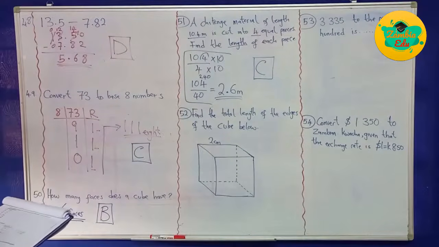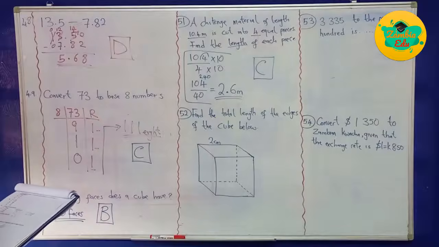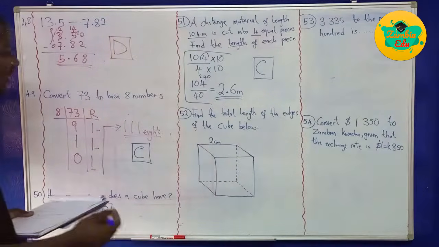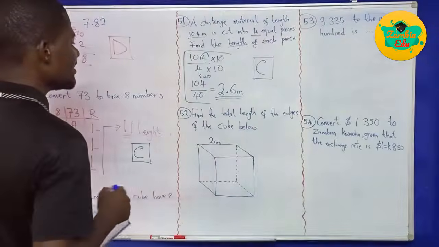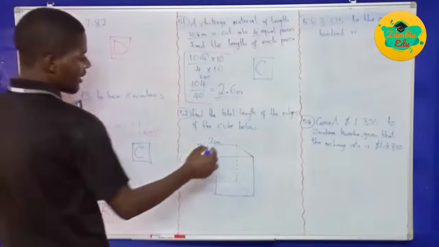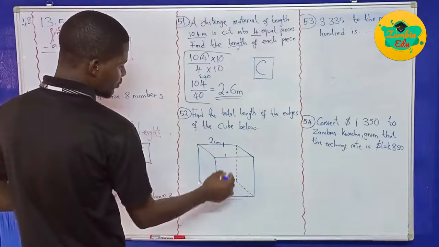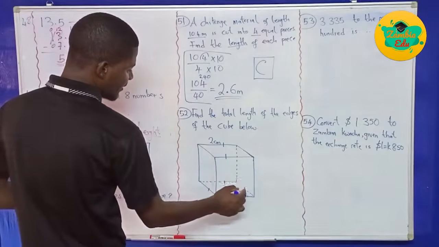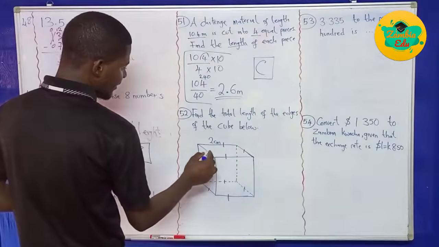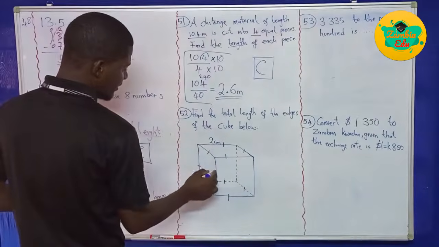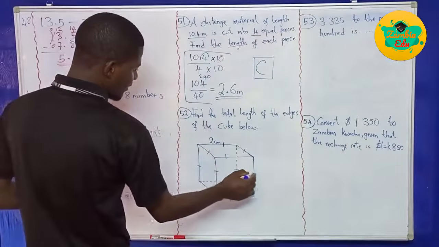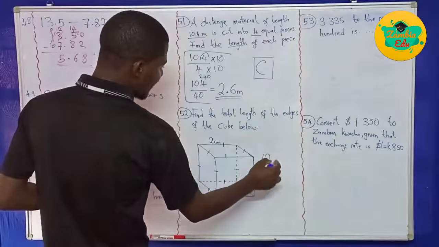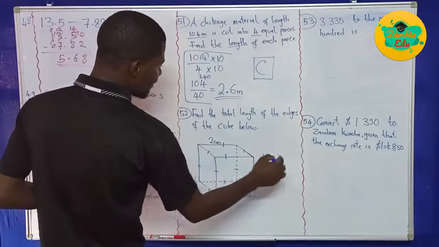Question 52 says, find the total length of the edges of a cube. Now you need to know how many edges a cube has. You have 1, 2, 3, 4, 5, 6, 7, 8, 9, 10, 11, 12, and then we are given 2 there. So we're looking at 12 edges times the 2 centimeters we are given.